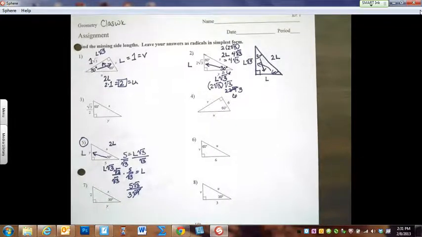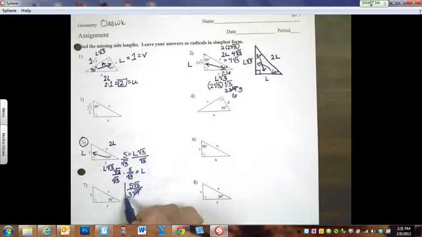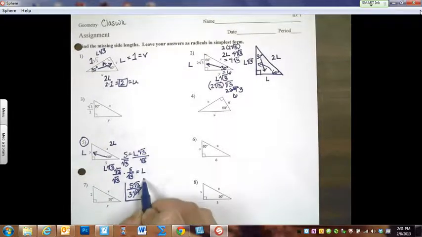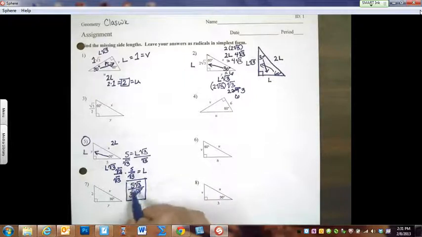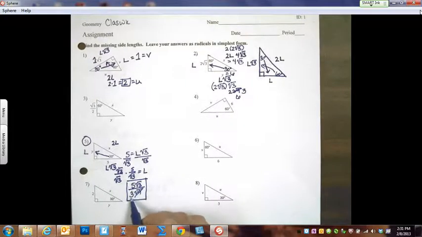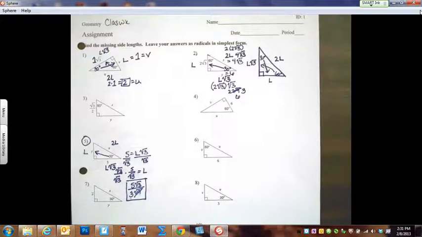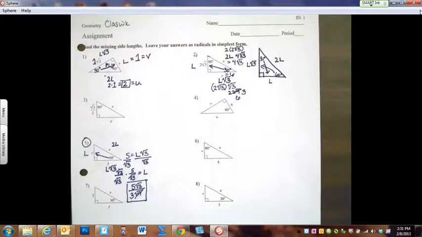So just like before in the 45, 45, 90 triangle, we know that this is my pattern. I take that whole number, divide it by 3, multiply by the root of 3, and that's what I'm going to get. So let me give you another number that you'll see will come out nice and even.